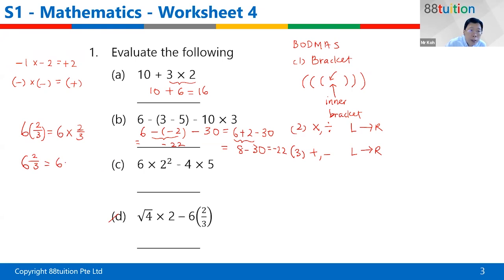This is actually 6 plus 2/3. I want you to distinguish. The bracket is very important. When you have a bracket and the number in front, it means it is a multiplication. But if you just write the mixed number here, it is just 6 plus 2/3, in other words, 6 and 2/3. With that, maybe quickly you do C and D and send Mr. Ko the answer.